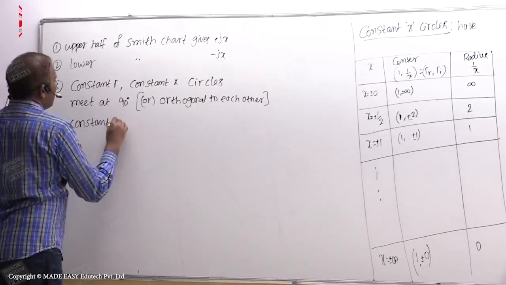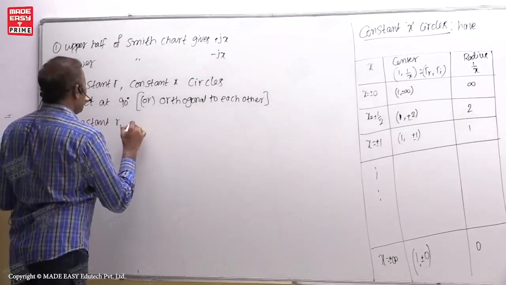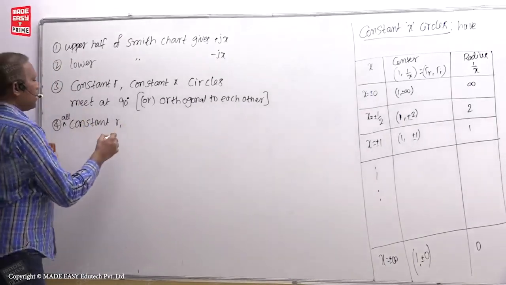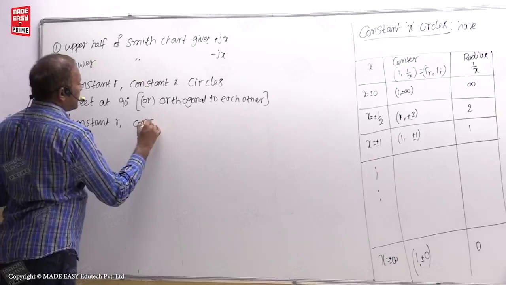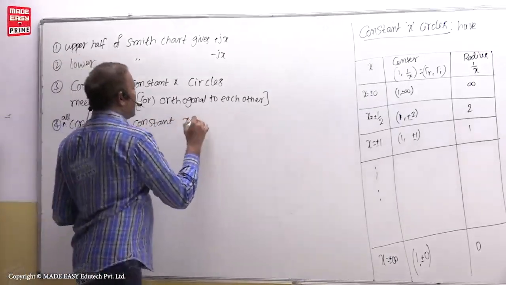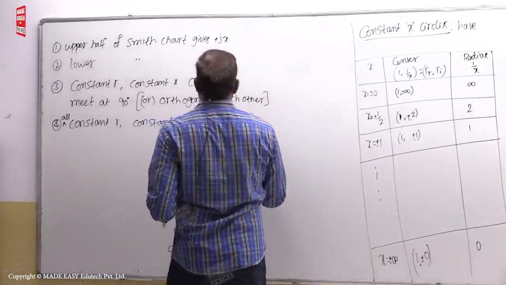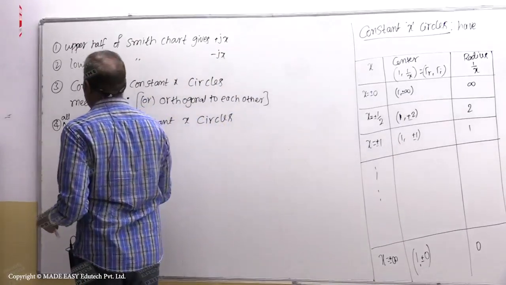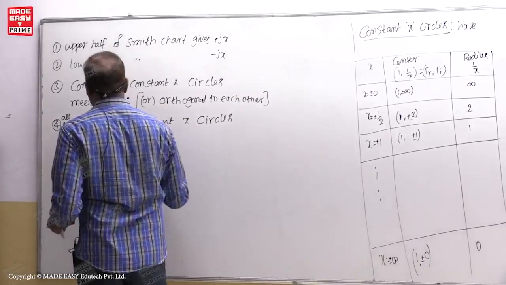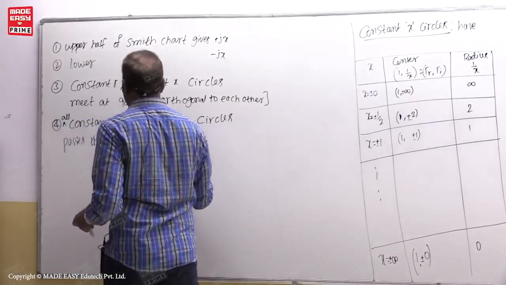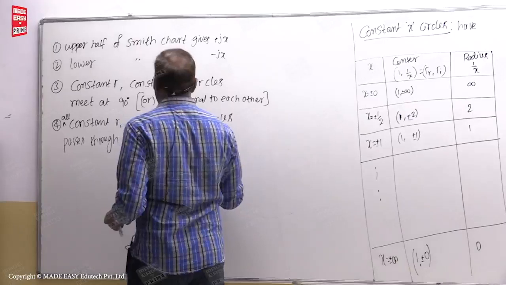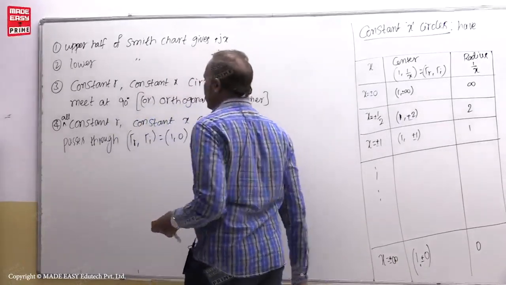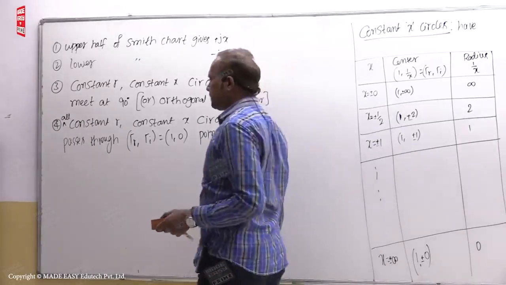All constant R, constant X circles pass through gamma R, gamma I is equal to 1, 0 point. They pass through this point.